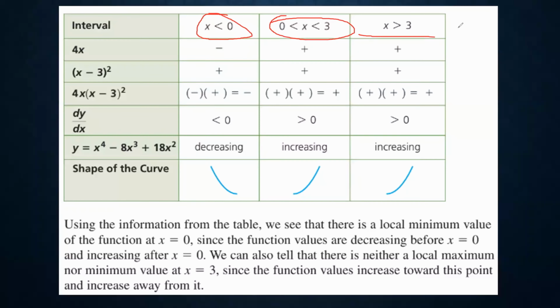So here, what they're doing for 4x times (x subtract 3) squared, it's a product of terms, right? So for x, it's going to be negative when x is less than 0. It's going to be positive when x is between 0 and 3. And it's going to be positive when x is greater than 3, right?